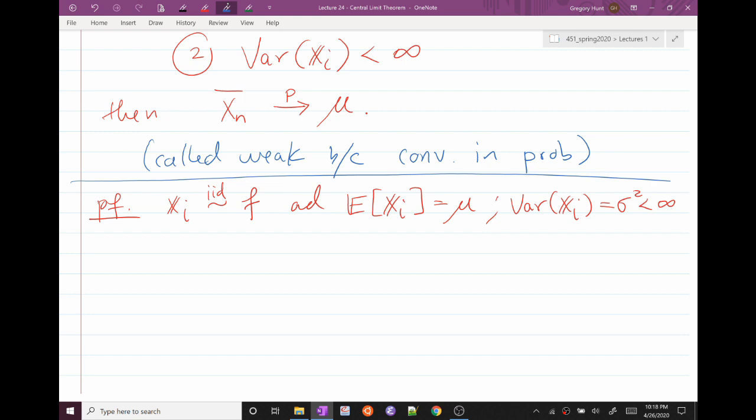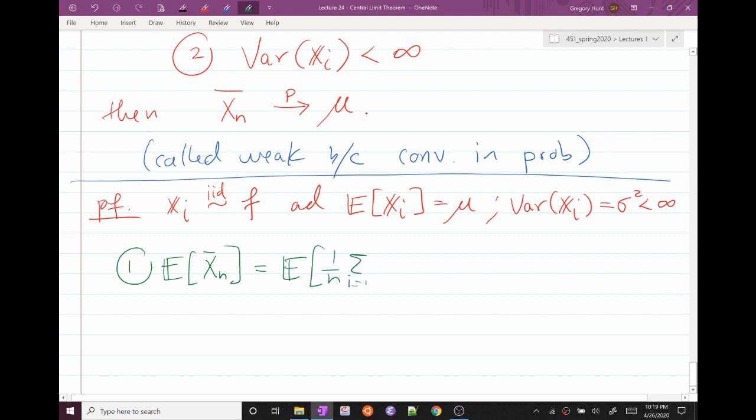Then we're going to make a couple of observations. One, let's look at the expected value of x n bar. This is the expected value of 1 over n times the sum of the x sub i's. With expected value, I can push it through constants and through sums.